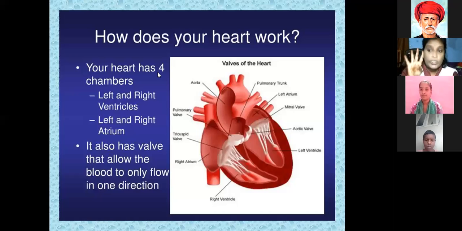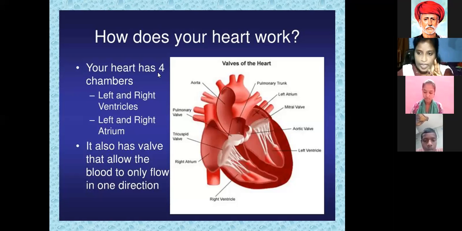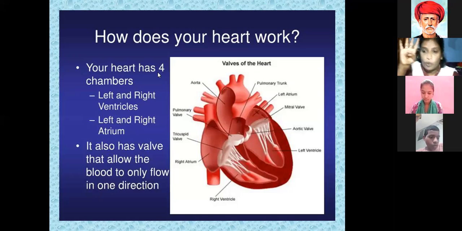The 4 chambers are the left atrium or auricle, right atrium or auricle, right ventricle and left ventricle. These 4 types of chambers are there in our heart. Okay. In the same way, 4 valves are there.